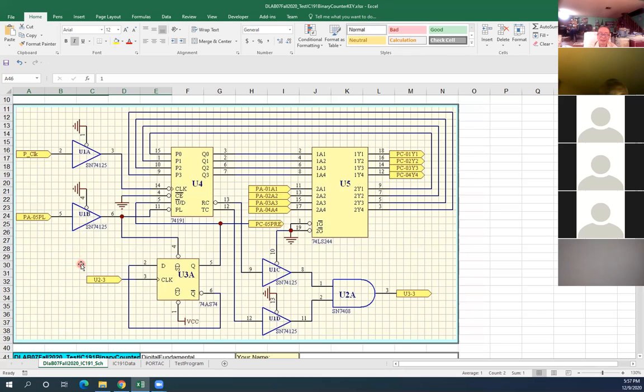Now, I can tell you one thing. How come in the digital they test for 1, 0, 1, 0, and also they test for the opposite, 0, 1, 0, 1?